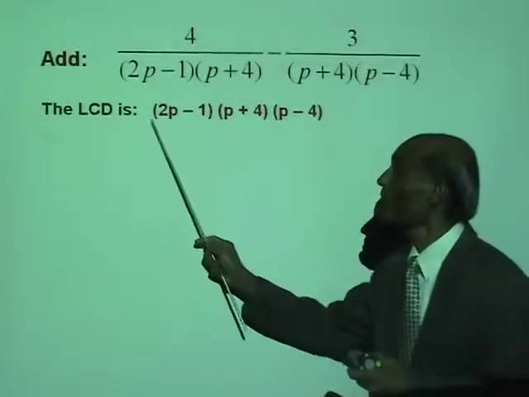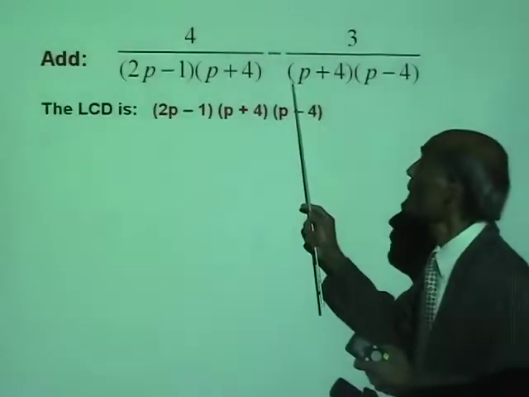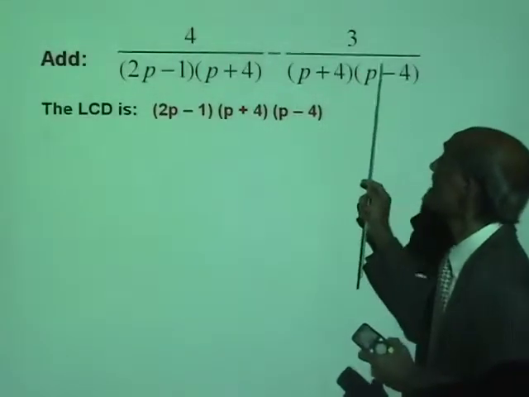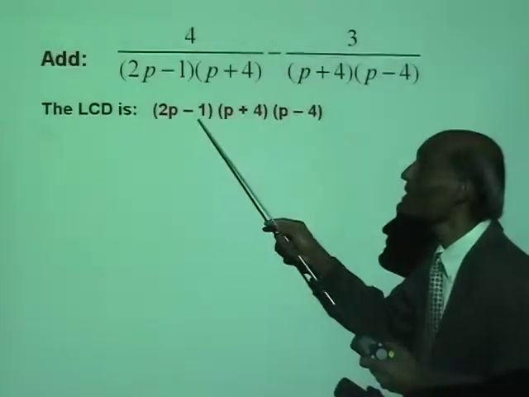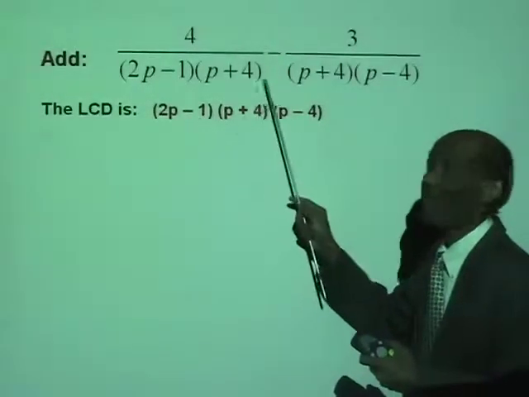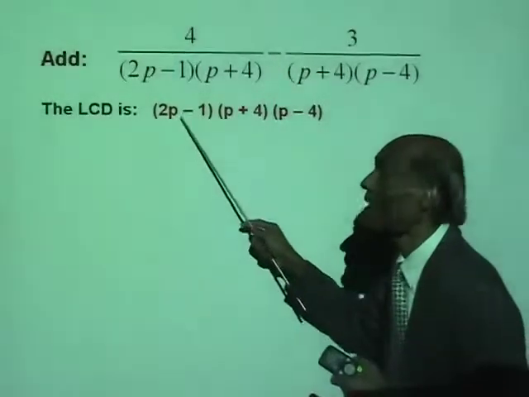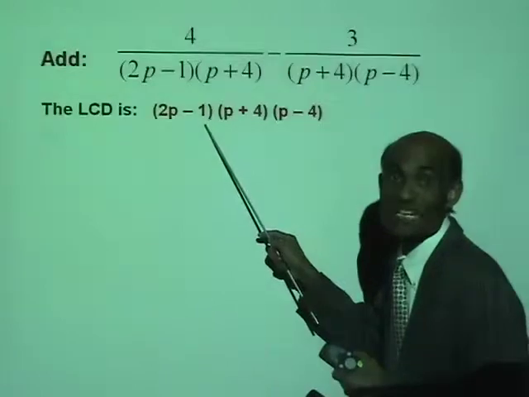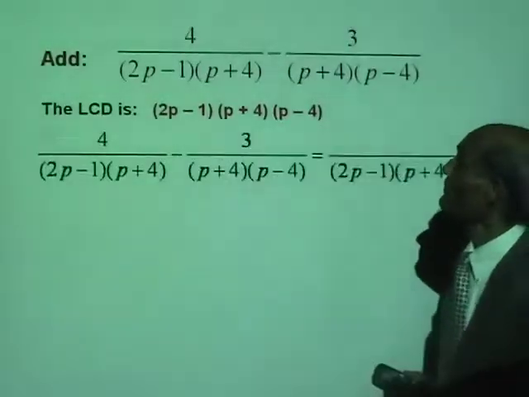Alright? Of the 3 factors of the LCD, what factor is missing in the second denominator? A 2p minus 1 is missing there. That means this minus 3 will get multiplied by that factor. Isn't it easy? Yes. Alright, let's go.